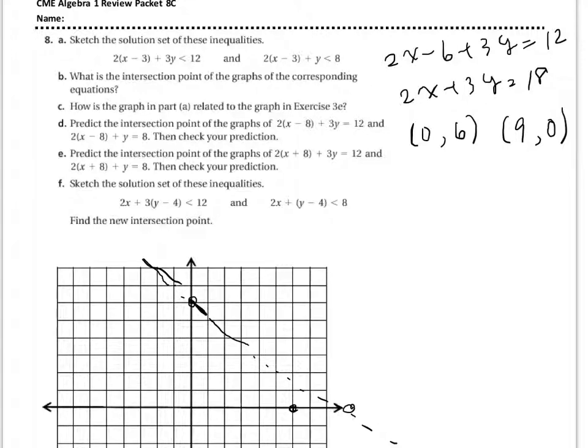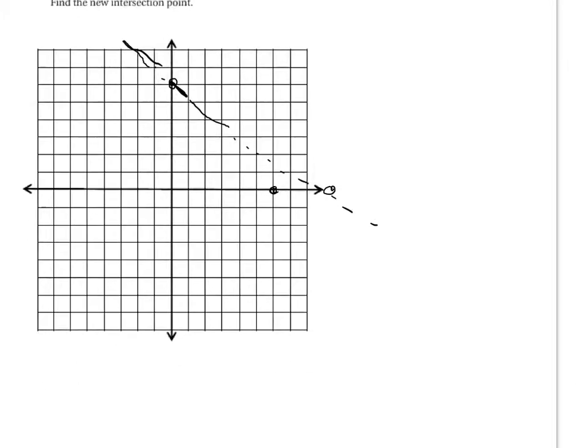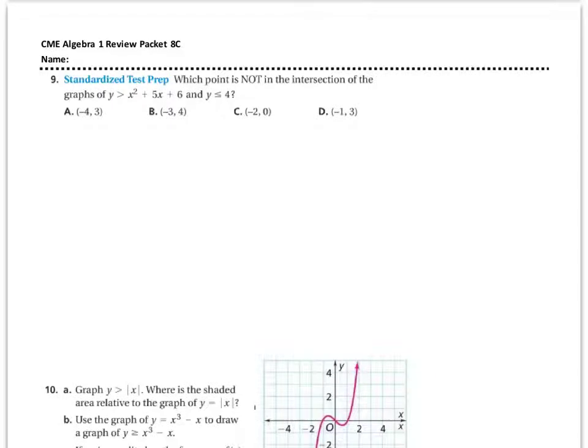That's less than that, so it's going to be this area. And you do the same thing for the other equation here, and that's going to be the end of part A. Then use that graph to answer the rest of the problem.